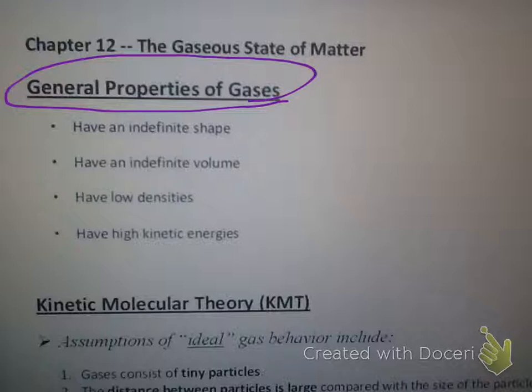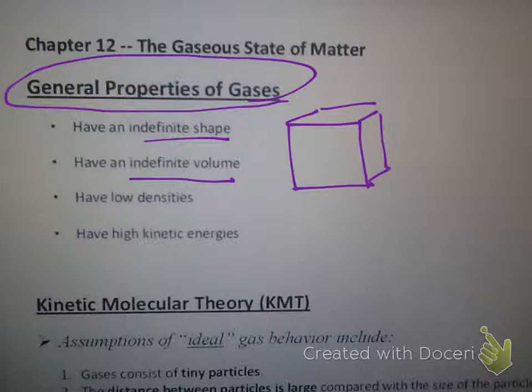Also, gases have indefinite volume. This means they not only take on the shape of the container, they take on the full volume of the container. For instance, if I have a cubical container and I put a gas in it, like oxygen, oxygen will not only take up the shape of the container, it will also occupy the entire volume of the container.